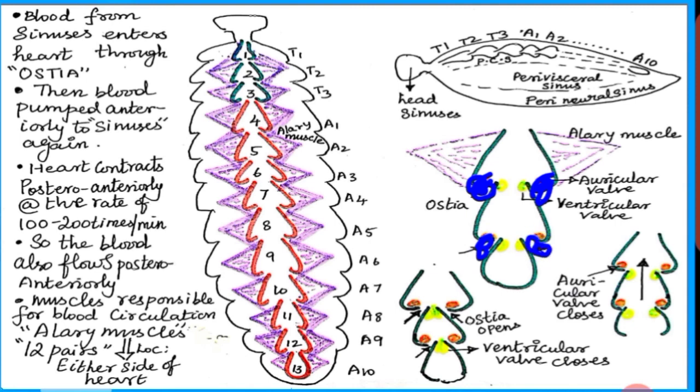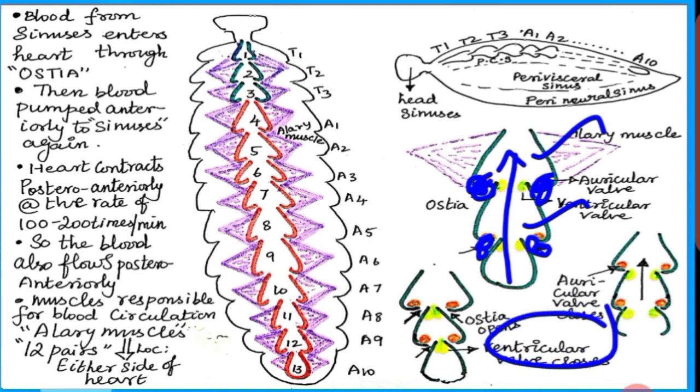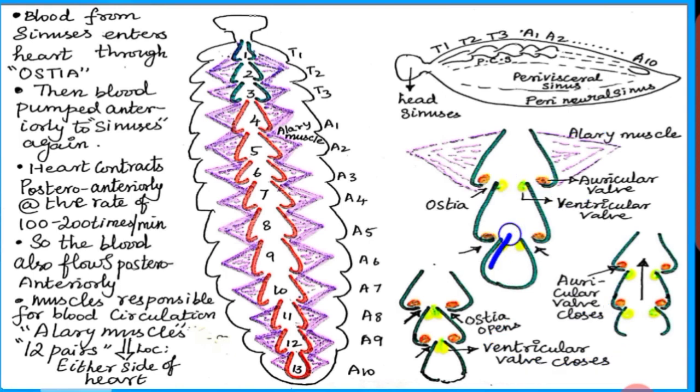The blood flows in a posterior to anterior direction from one chamber to another chamber. Got it? When the ventricular wall closes, this is the ventricular wall, the auricular wall opens.